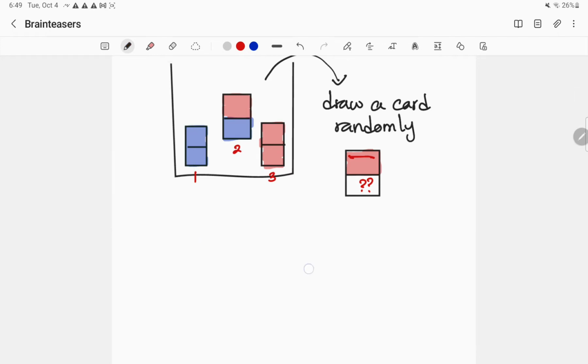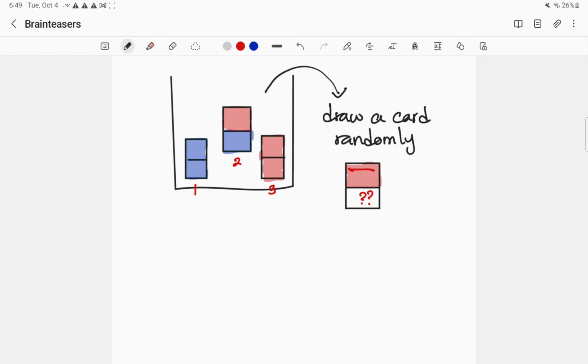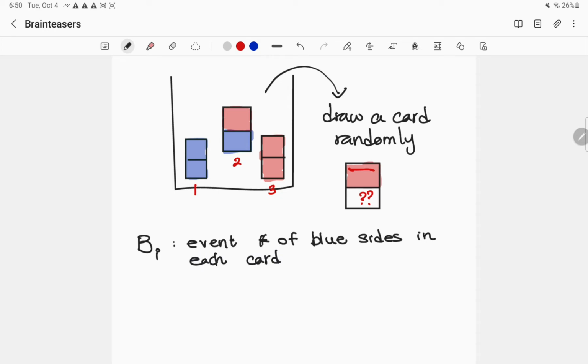Let's do the math. So first, let me define an event Bi as the event that represents the number of blue sides in each card, so that we are going to label the cards based on the number of blue sides.